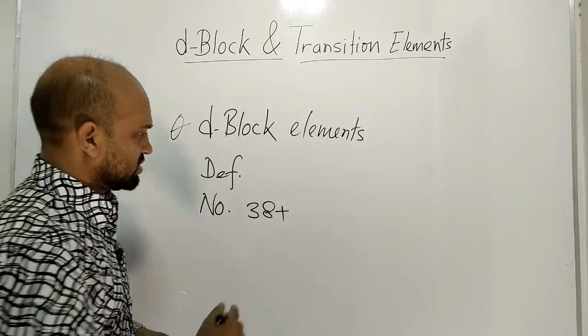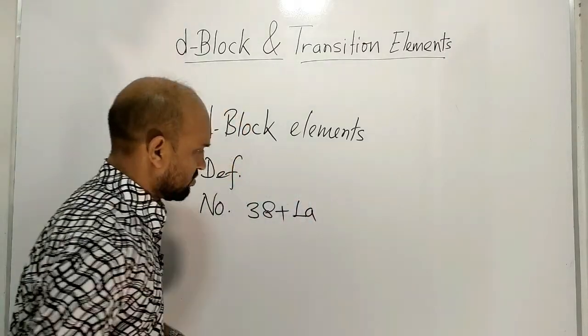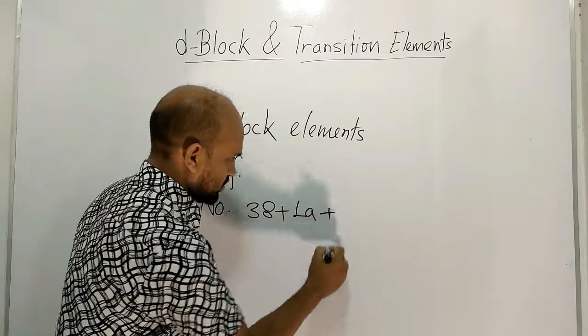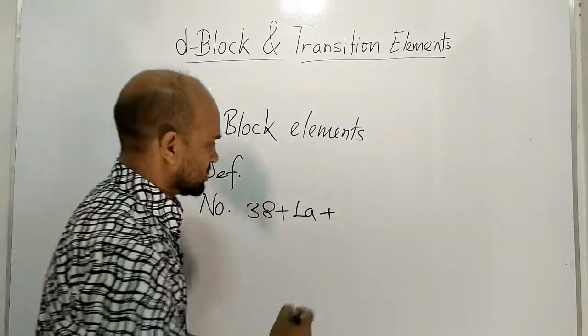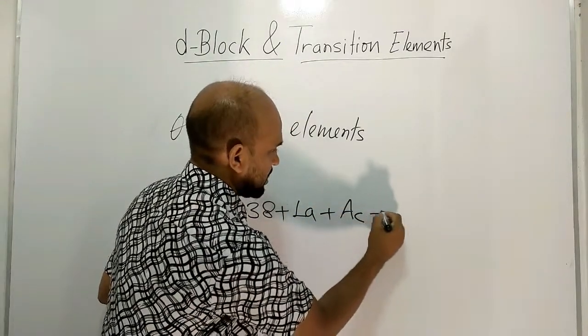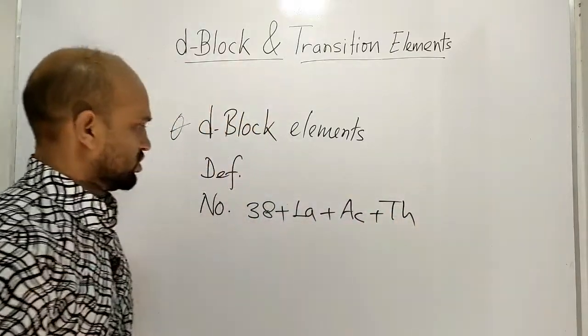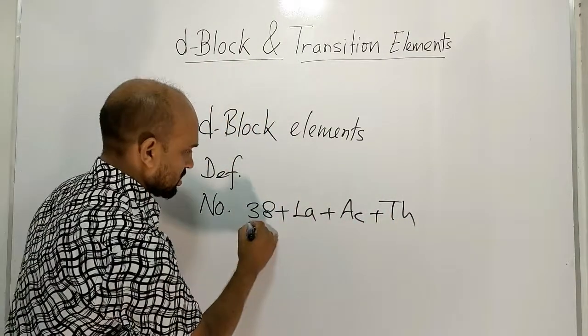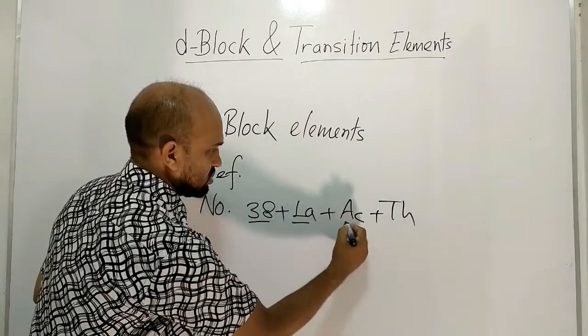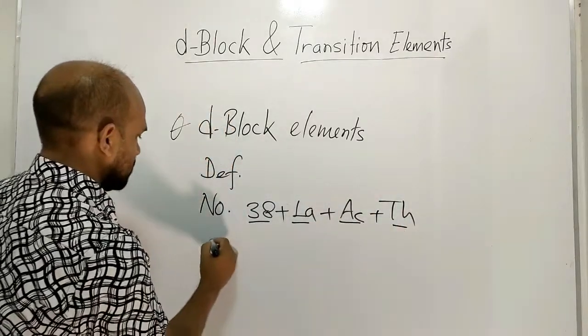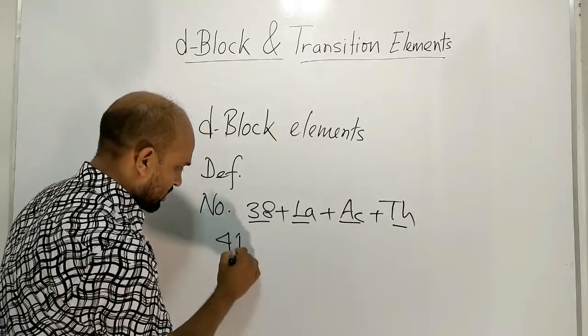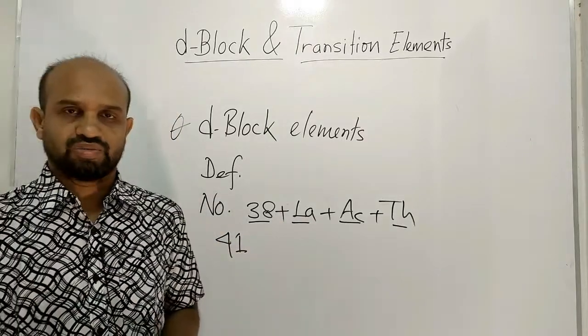From the lanthanide series, lanthanum, and from the actinide series, 2 elements, that is actinium and thorium. So total 38, 39, 40, 41. So total 41 elements are D-block elements.